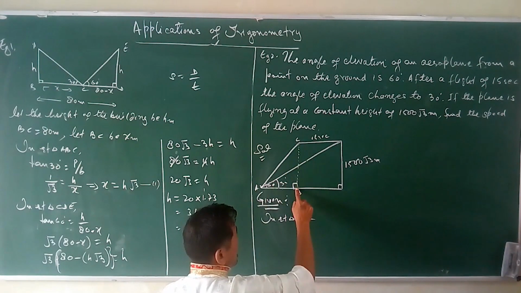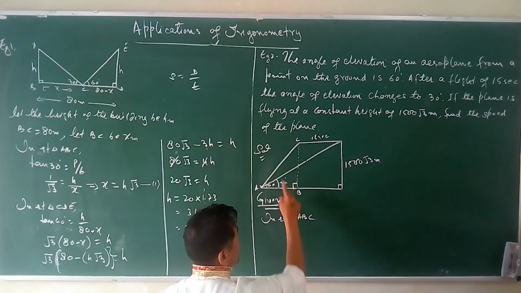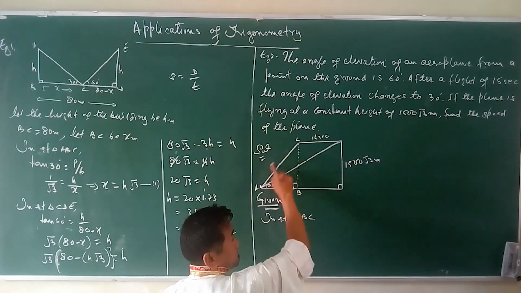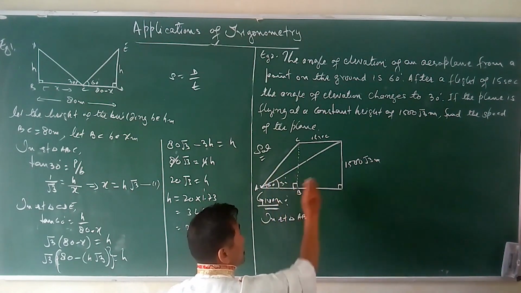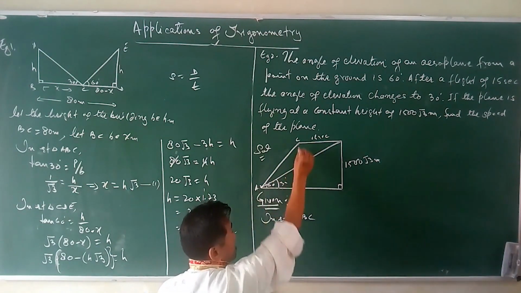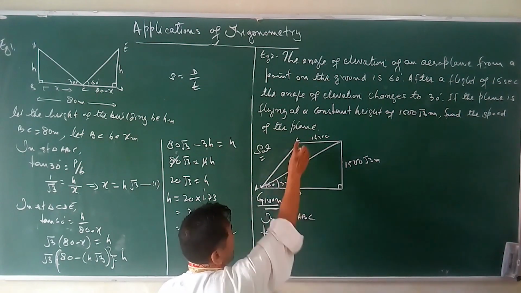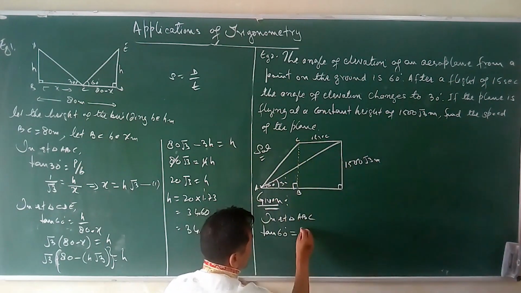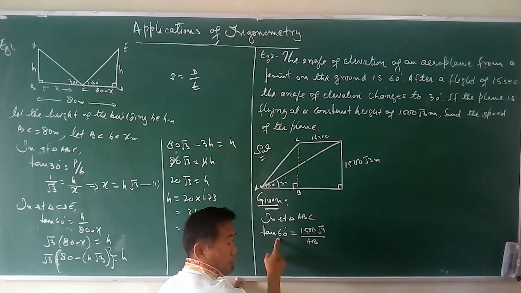The height is given. In the right triangle, tan of theta, where theta is 60 degrees, equals P by B, where P is the height, 1,500 root 3, and B is AB. The value of tan 60 is root 3.